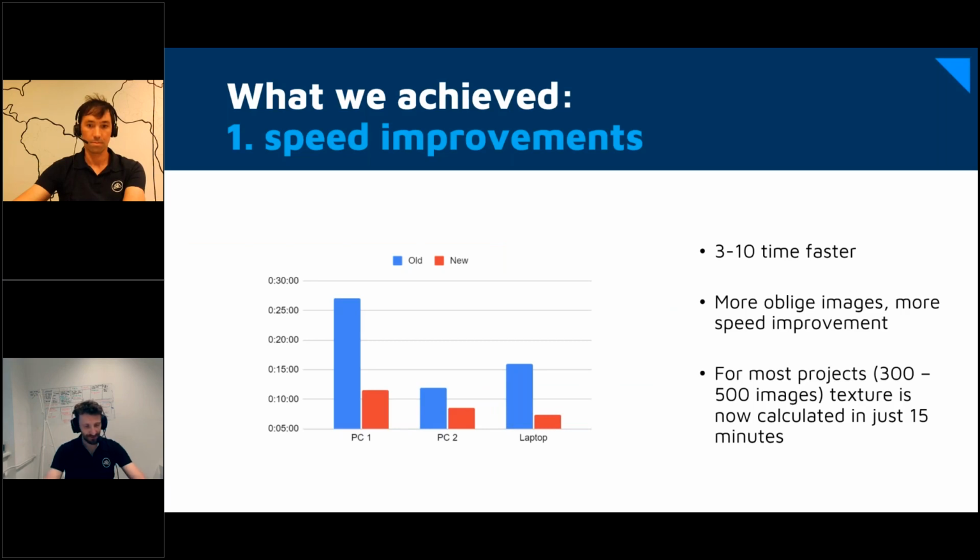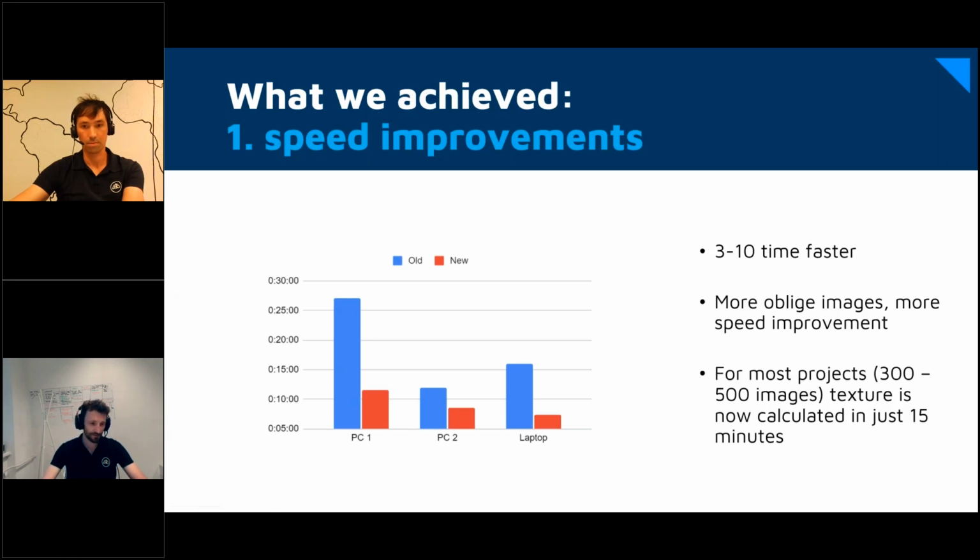Yeah, this is the presentation of how the same data set was calculated on different computers. And let me explain it a bit more. The first PC is an old, low to mid-range computer with let's say about 5 to 6 year old hardware, and it took a lot of time before.